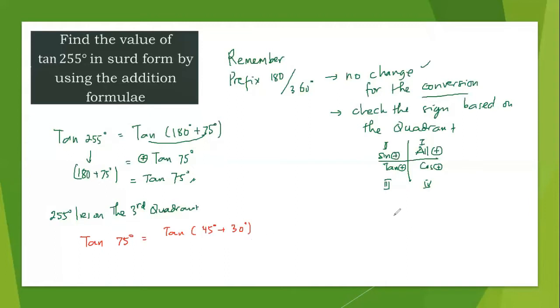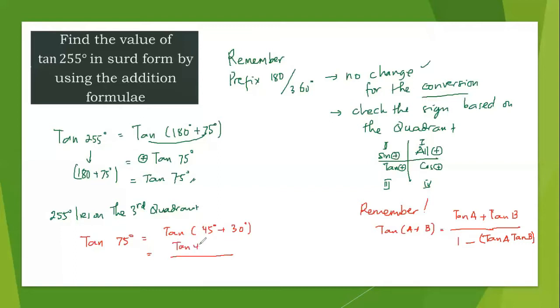Remember about the tangent formula, students: tangent A plus B is tangent A plus tangent B, over 1 minus tangent A times tangent B. Is it clear, everyone? Okay, go.